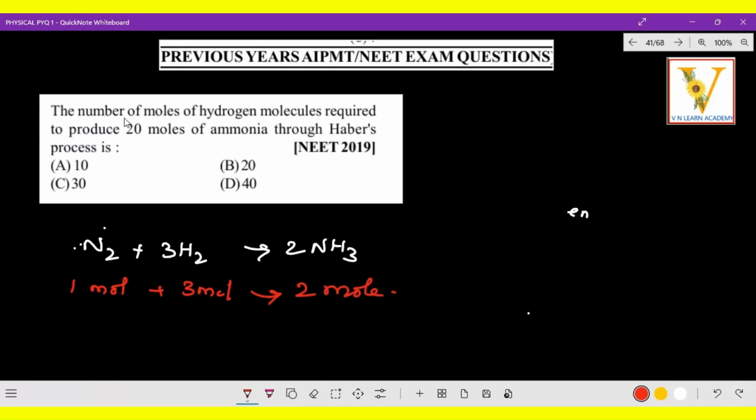Now they are asking the number of moles of hydrogen molecule required to produce 20 moles of ammonia. 3 moles of hydrogen can produce 2 moles of ammonia. So how many moles of hydrogen are required to produce 20 moles of ammonia? That is the question. Now, cross multiplication.